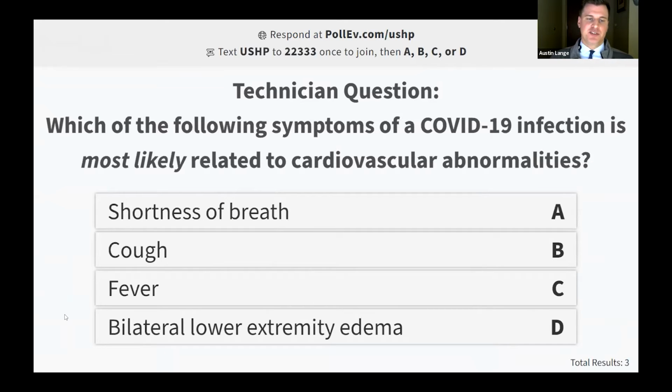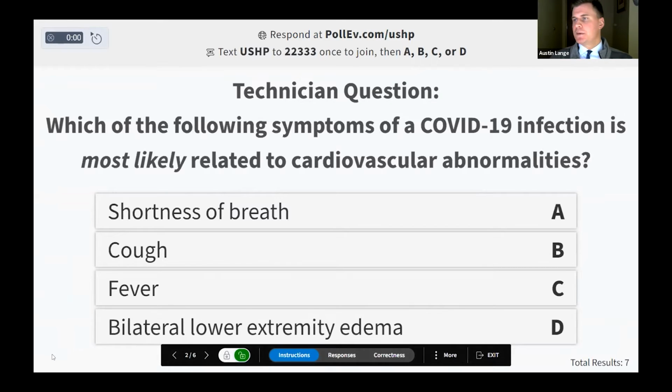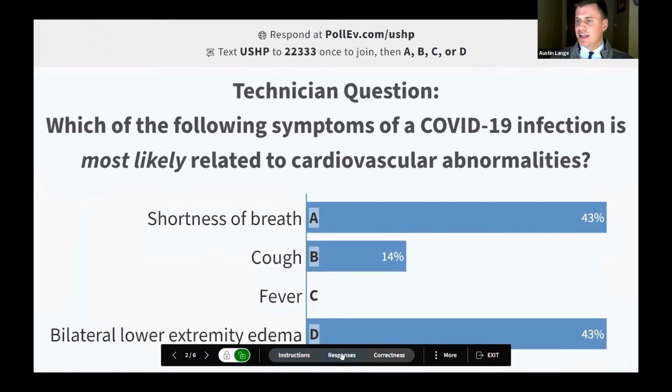And again, I'll give you some time to respond here. So we're kind of bouncing between 12 and 13 responses. So I'll go ahead and showcase the answer here.